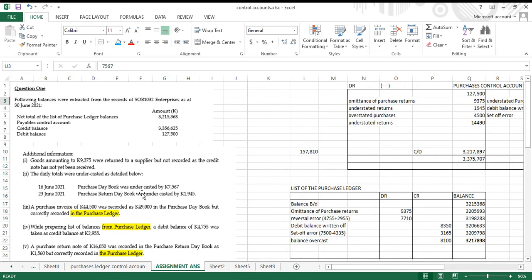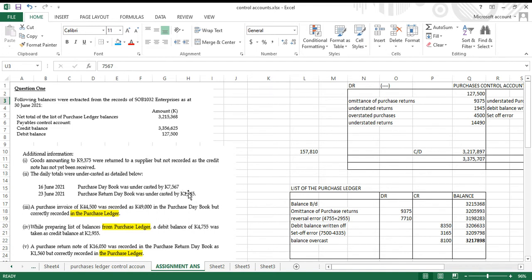Then 23rd June 2021, the purchase return day book was undercasted by 1,945. All right. So the purchase return day book, this is where we record our return outwards. Remember, return outwards, this is where we're returning goods to our supplier. So it was undercasted by 1,945.